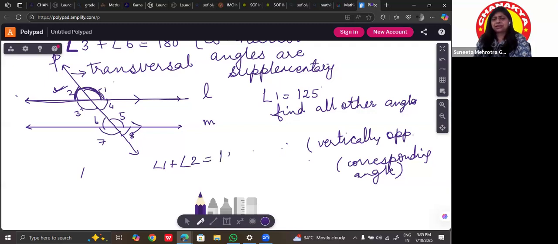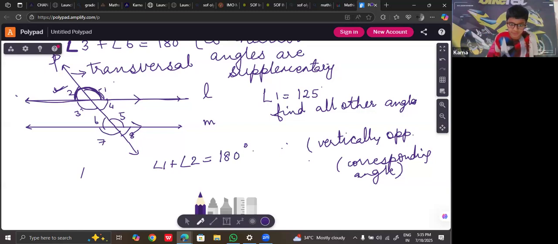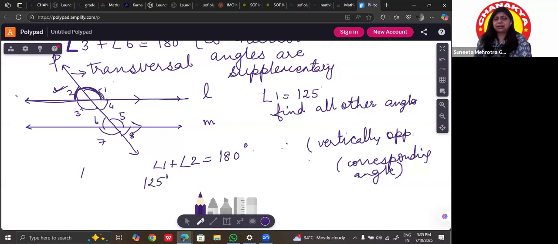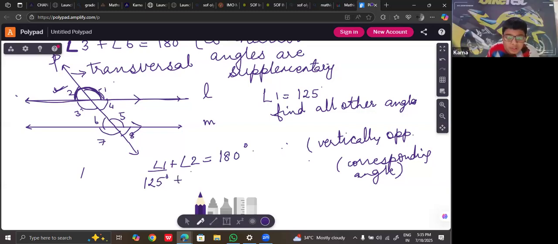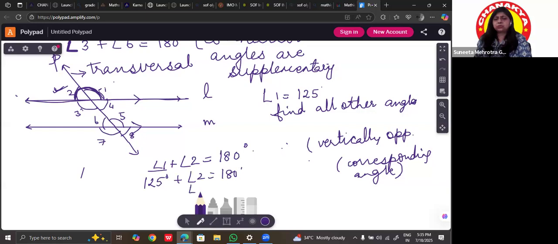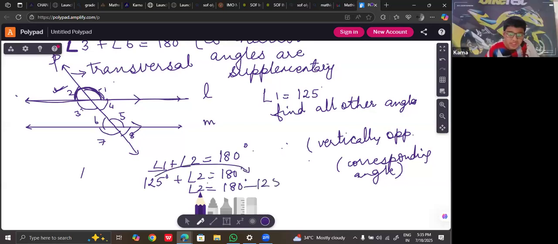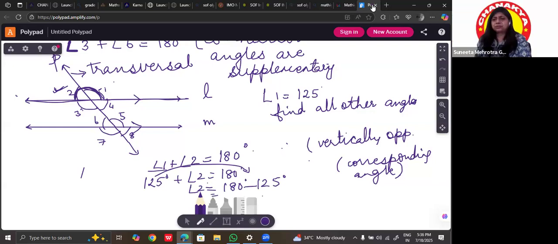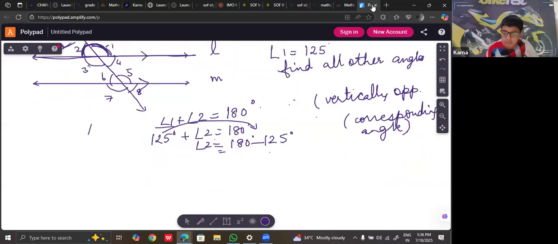The sum on a straight line is 180 degrees. So 180 minus 125, transposing, it should be 55 degrees. 65 or what? Ma'am, 55. 55, yes.